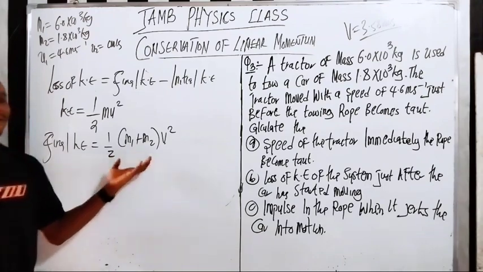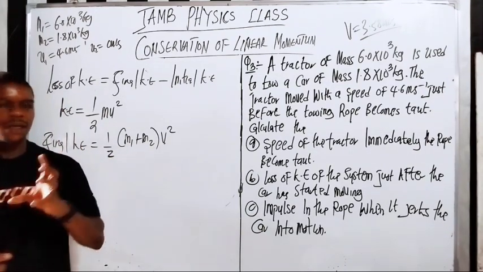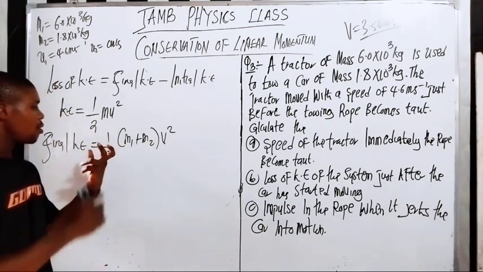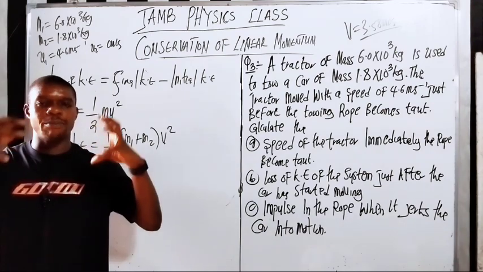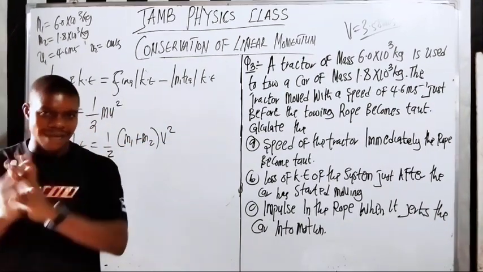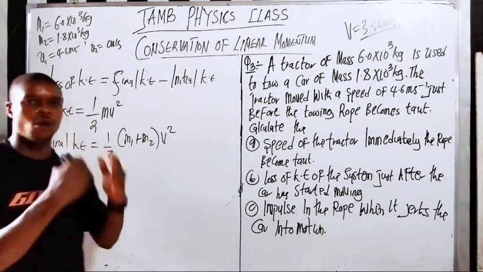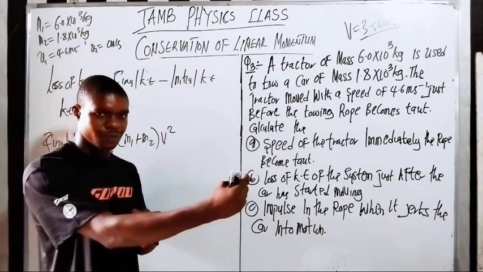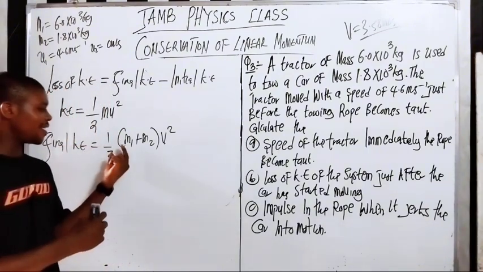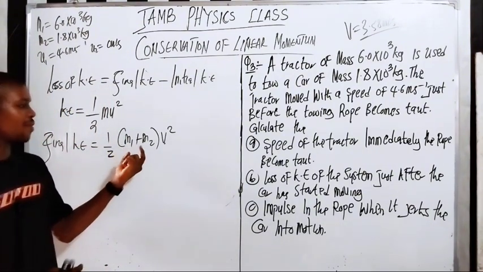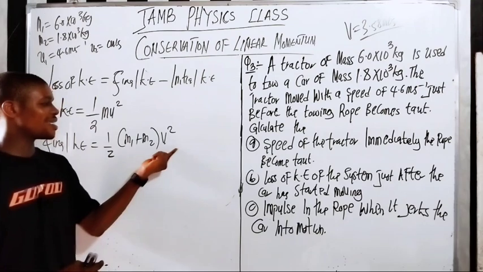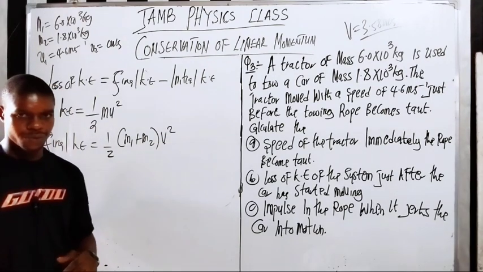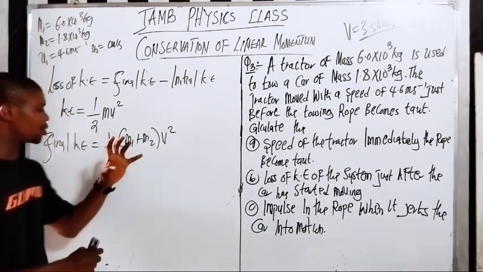Because in the final kinetic energy, it contains the mass of the tractor and the mass of the car, the moment after collision. So the mass of the tractor plus the mass of the car times the common velocity squared would be my final kinetic energy.